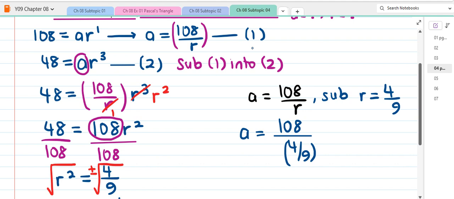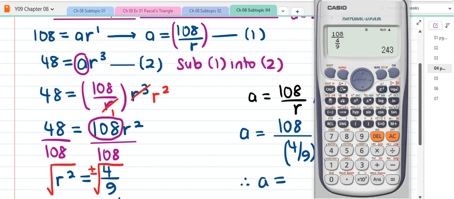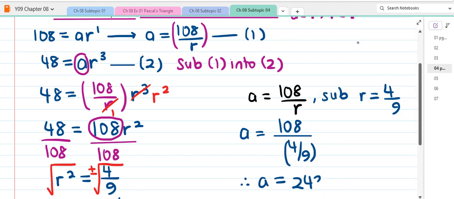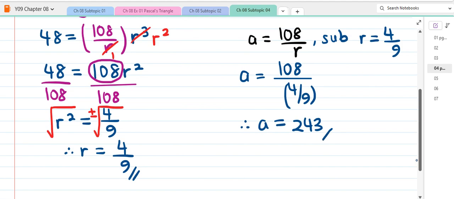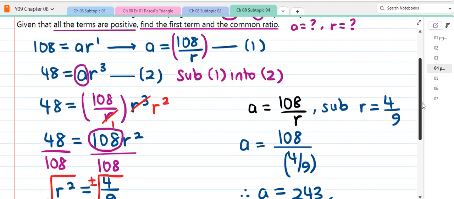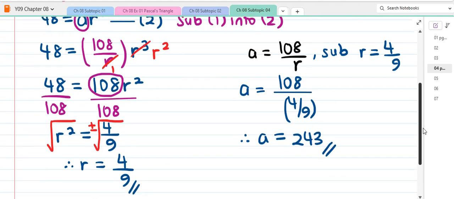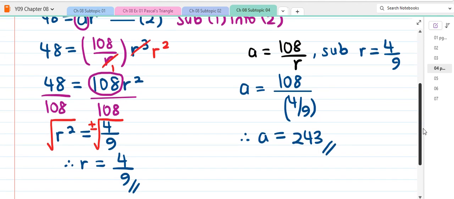If we use the calculator, 108 divided by 4 out of 9 will give you 243. So these are all the required answers. The first term is 243, and the common ratio R is positive 4 out of 9.